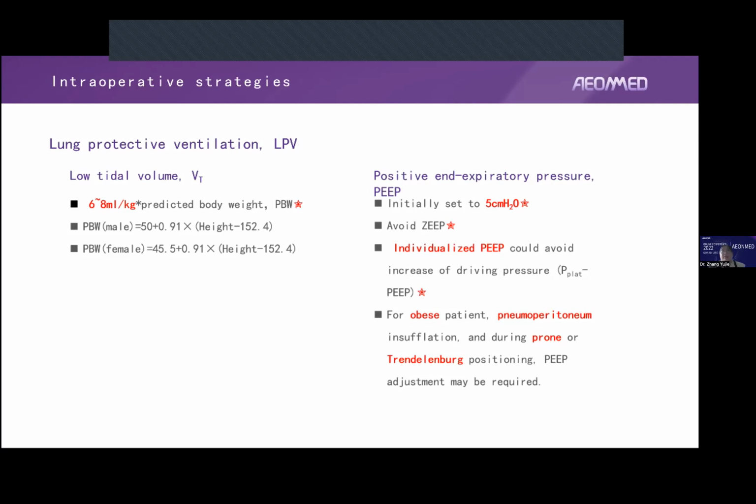It's relatively easy to calculate, and of course, advanced anesthesia machines can provide the data directly. For specific patients, the PEEP must be adjusted, like obese patients, patients receiving laparoscopic surgery, that is pneumoperitoneum operation, or patients in Trendelenburg position, which is the head-down, leg-lifted position.